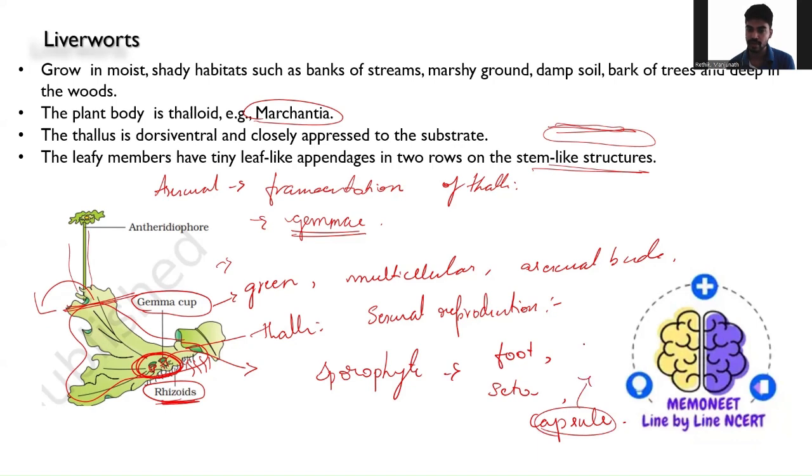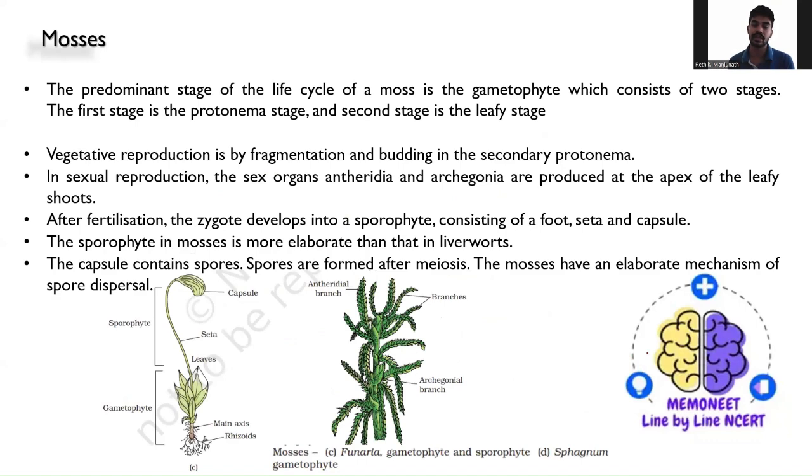These spores will germinate to form a free-living gametophyte. So this is all about liverwort reproduction. I hope this is clear. The last of the bryophytes is the mosses.